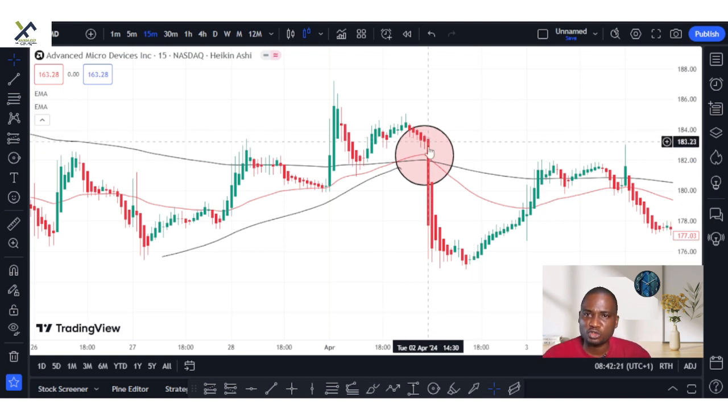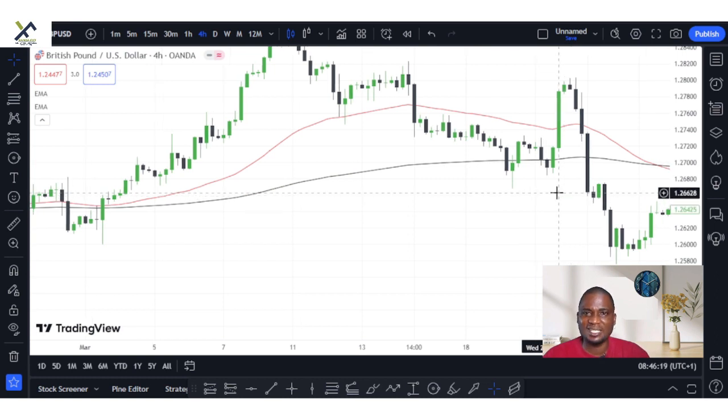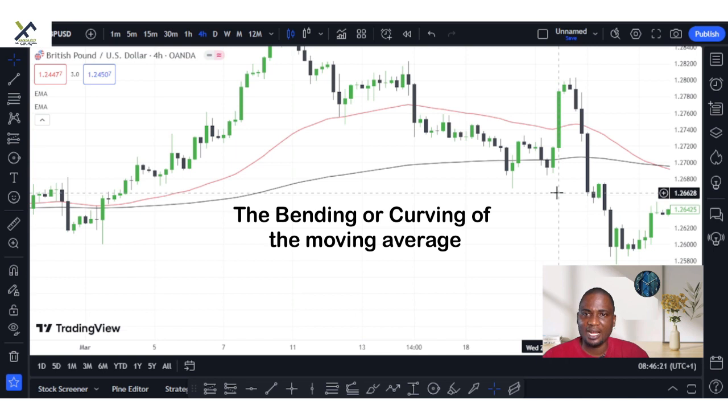Once there is a crossover, crossing over the moving averages, after the crossover, I initiate my trade and take my profit. Then the next one under the moving average to take note of is the bending of the moving average.